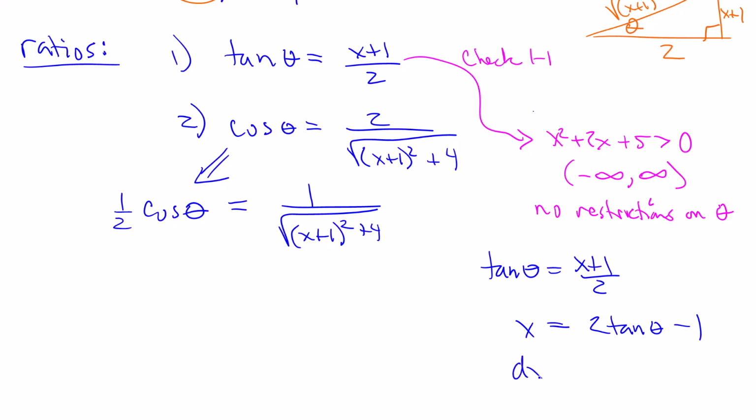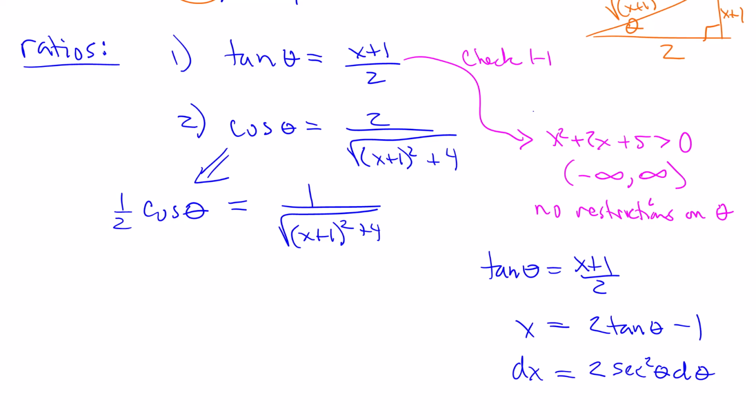If you take the derivative with respect to theta of both sides and then multiply by d theta, you get dx equals 2 times the derivative of tangent, which is secant squared theta, and then d theta. And of course, the constant term of minus 1 disappears when we take the derivative. So now we're there. We can replace dx.